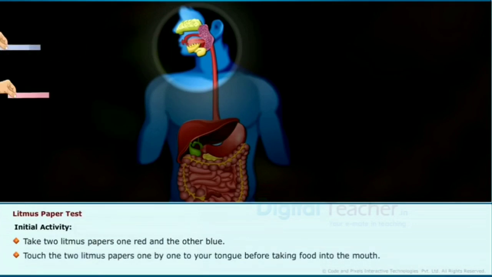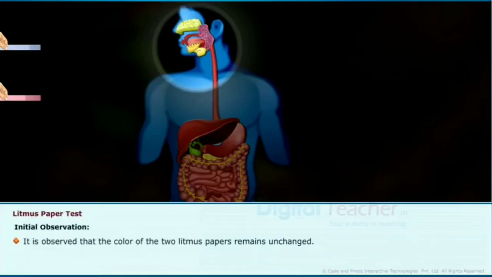Touch the 2 litmus papers one by one to your tongue before taking food into the mouth. Observe whether the litmus papers change color. It is observed that the color of the 2 litmus papers remains unchanged.